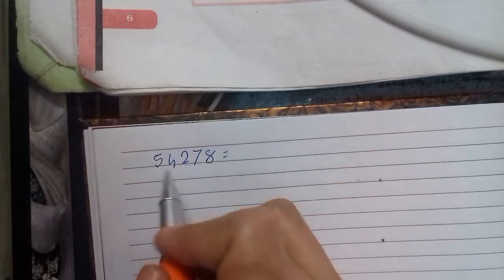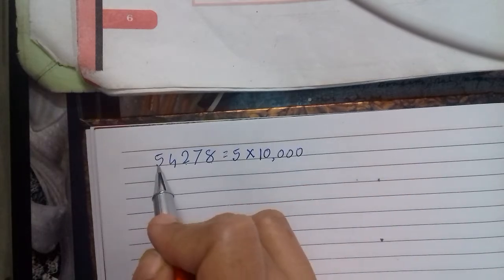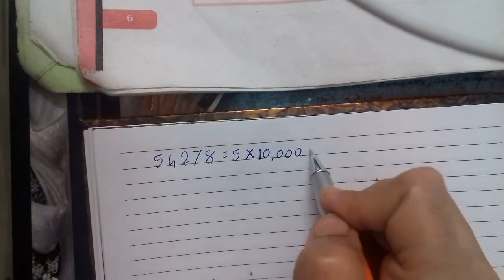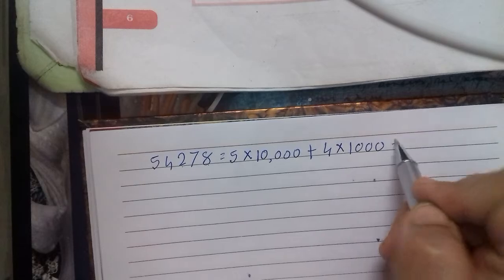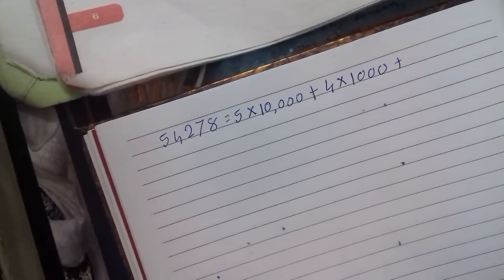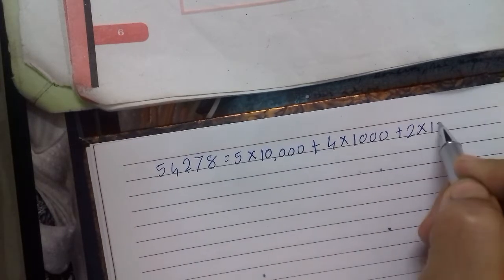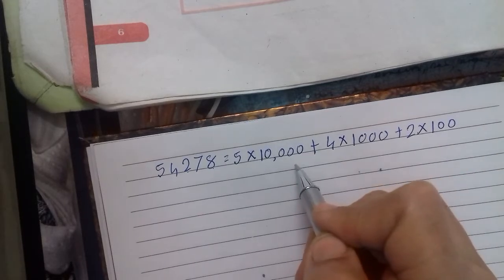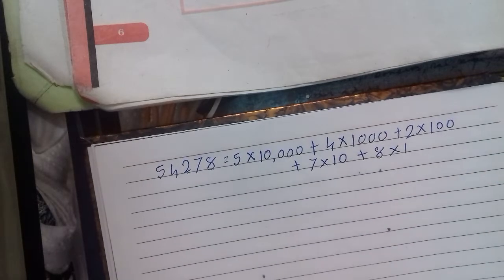So the number in expanded form is 5 multiplied by 10,000, because 5 is at 10,000s place, plus 4 multiplied by 1000, plus 2 multiplied by 100, plus 7 multiplied by 10, plus 8 multiplied by 1.